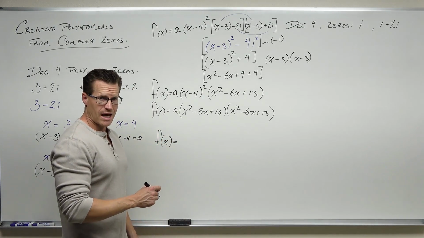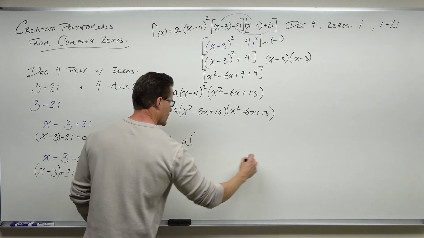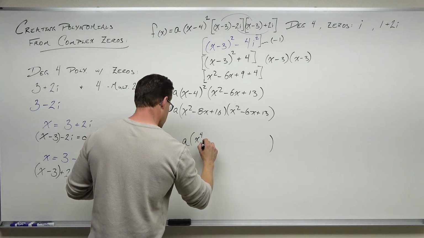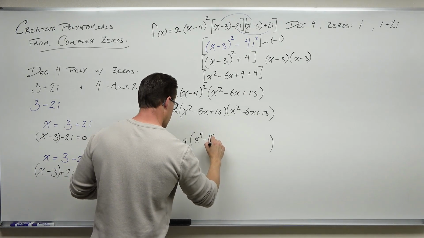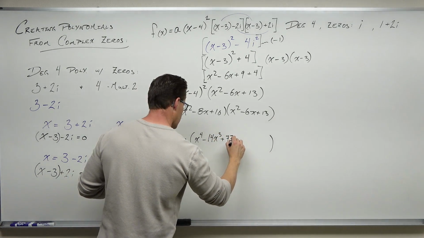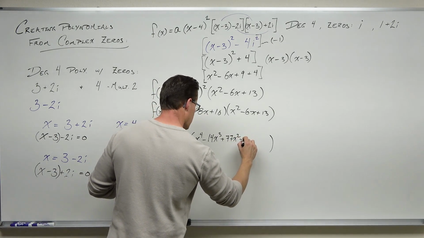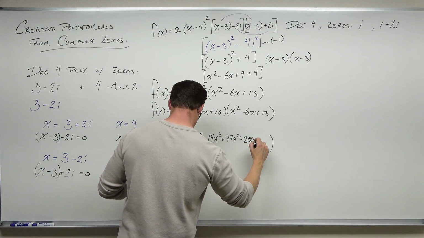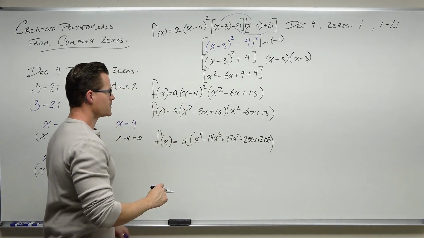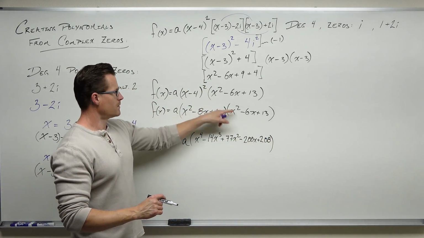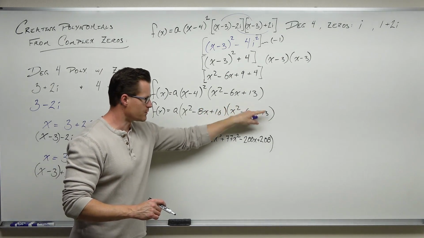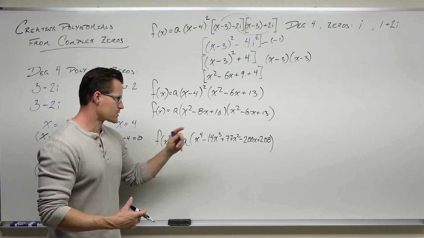Some math magic happens and you get that after you distribute. So we take this term times all of these, and then this term times all of those, and then this term times all of those, and combine like terms, and that's what you would end up with.